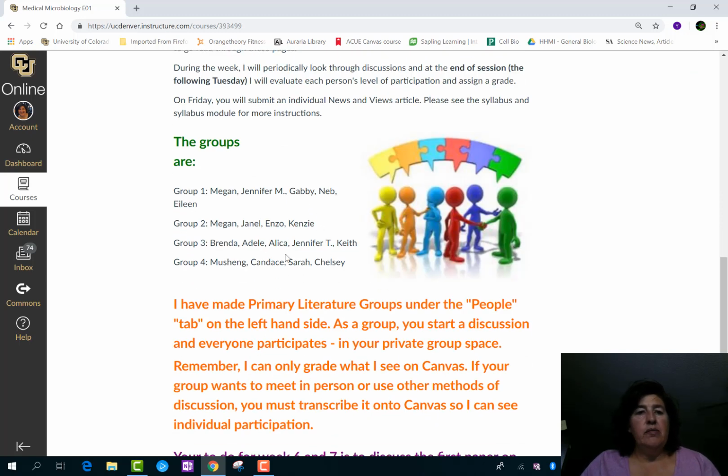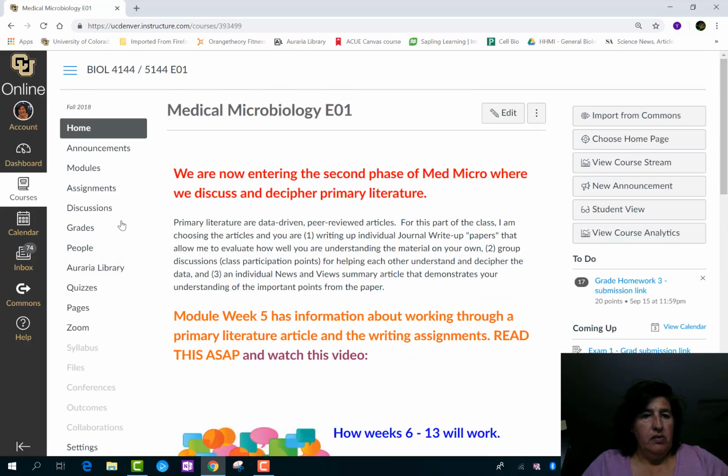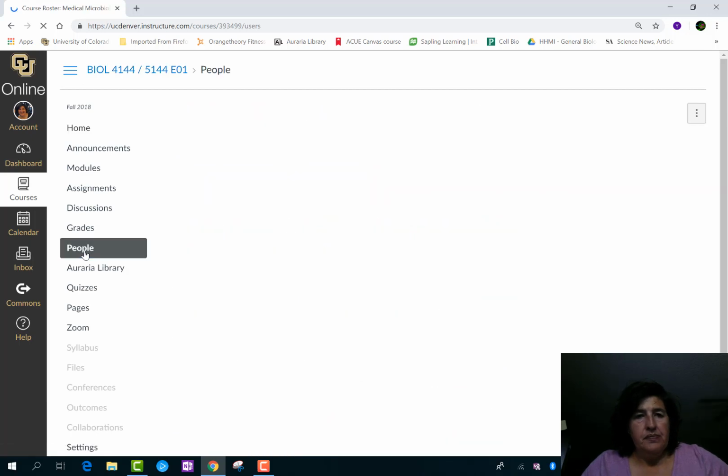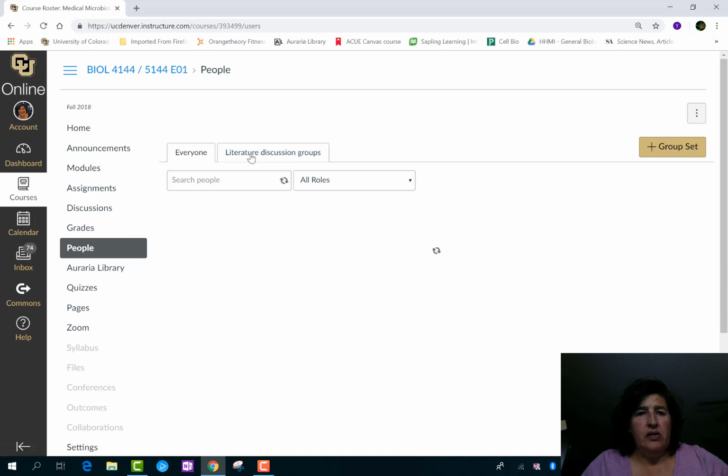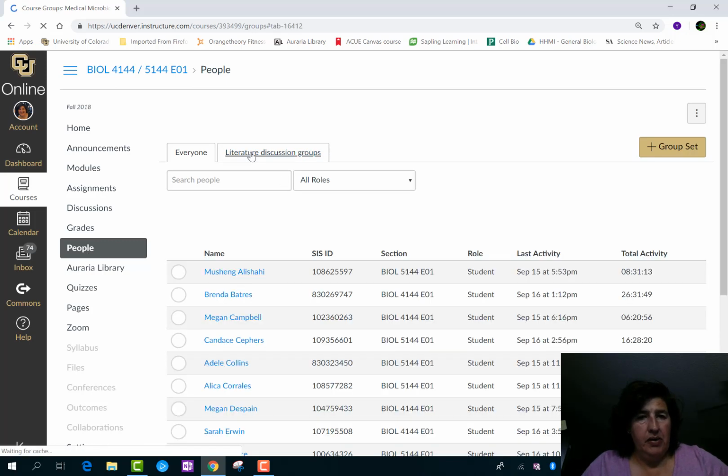You have been randomly split into 4 groups. You can find your names if you go to the People tab, and I believe this is how you do it, go to the Group tab.